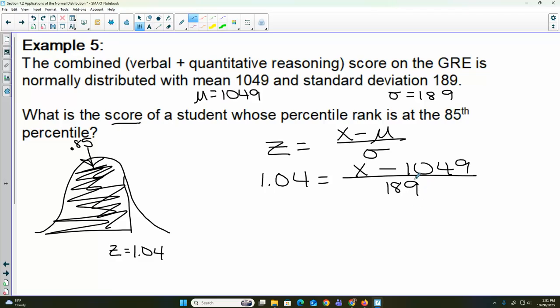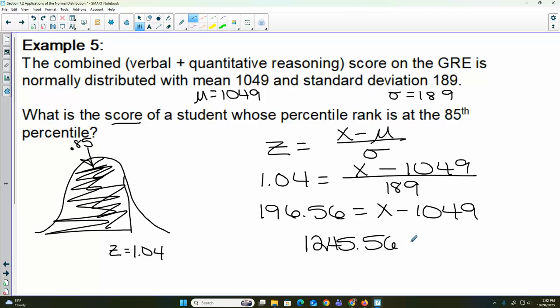So if I solve that, multiply over my 189, then add over my 1049. So they had about 1,246 if you rounded to the nearest whole number.